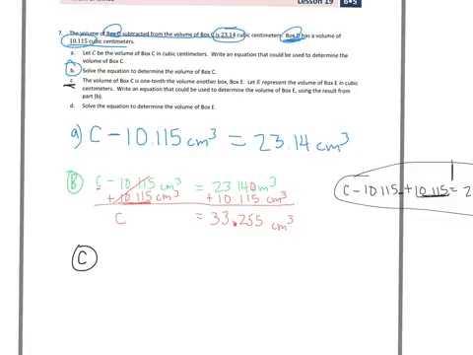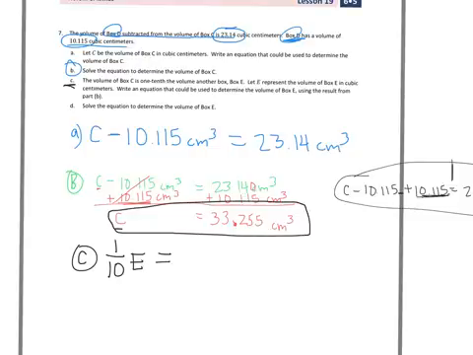Write an equation that could be used to determine the volume of box E using the result from part B. So the volume of box C is 1/10 the volume of box E. So if I take 1/10 of E, I'm going to get the answer for C, which I got right here. So 1/10 of E should get me 33 and 255 thousandths centimeters cubed.